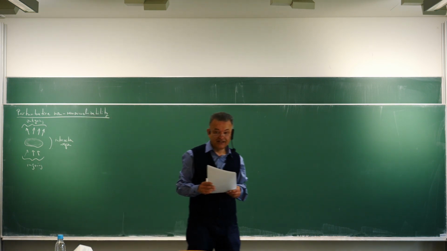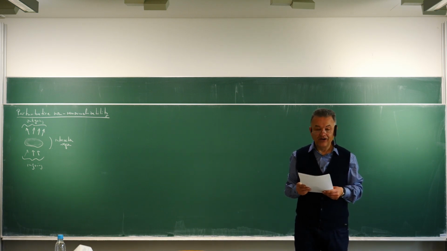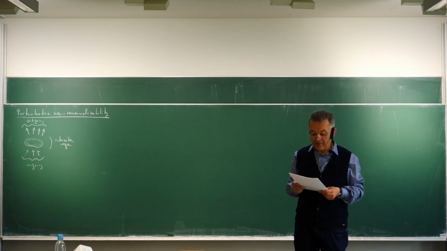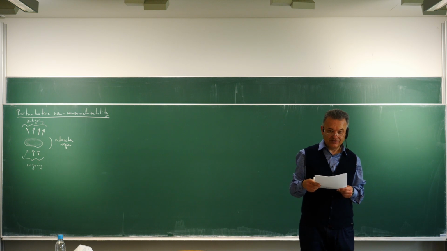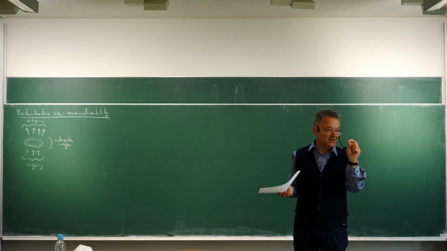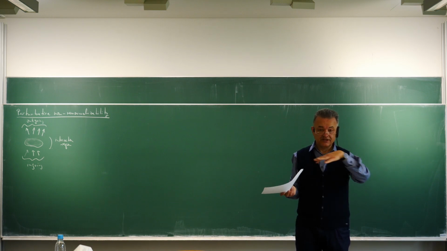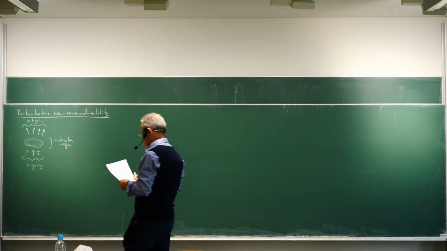So what is that? We call a theory renormalizable if all these divergences in quantum field theory can be removed by a redefinition of a finite number of parameters. We know that in quantum field theory there are always divergences coming from the sum over arbitrarily high momenta or arbitrarily small distances, as long as you invoke a continuous space-time.